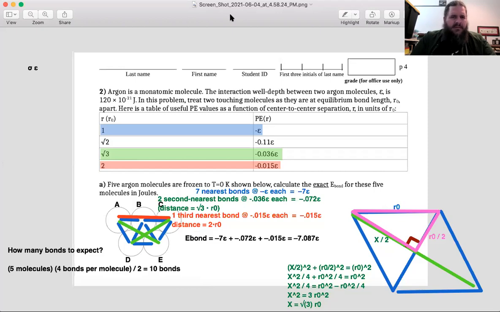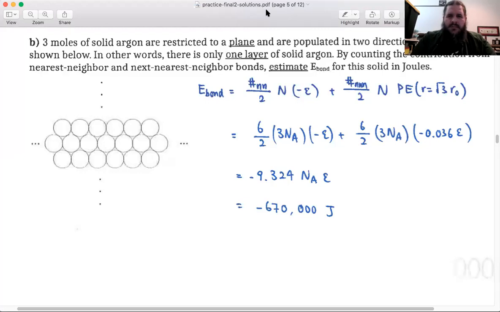Let me pull that up as a different document actually. There it is. Clear off the solutions to make some more room.